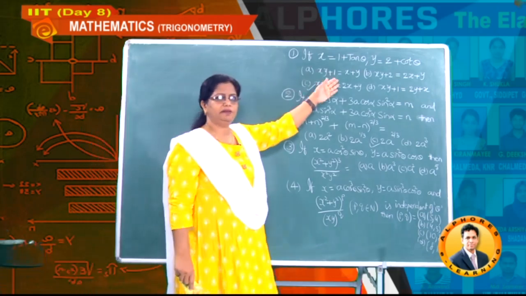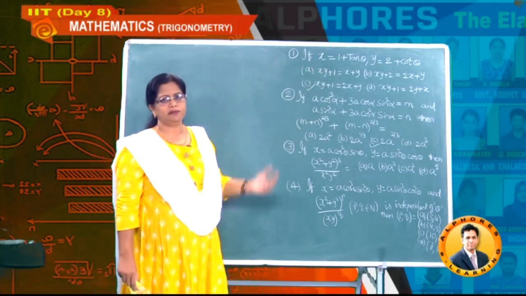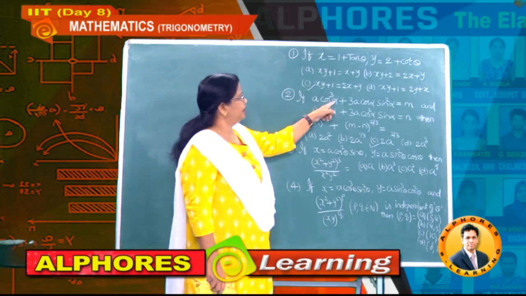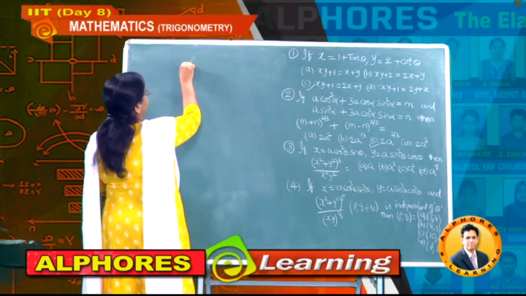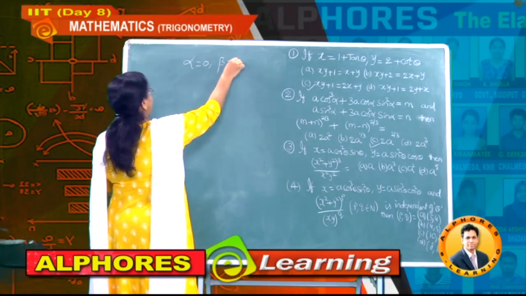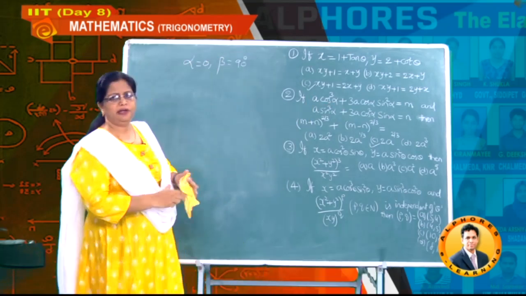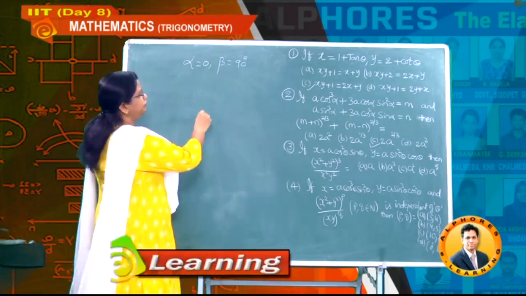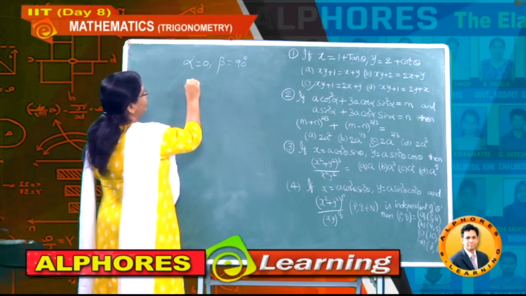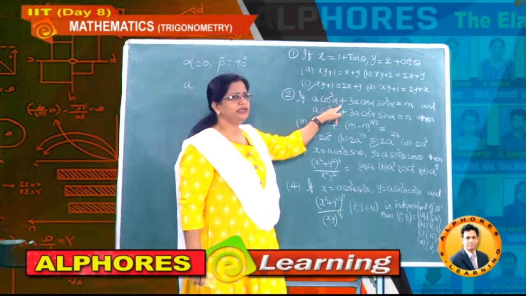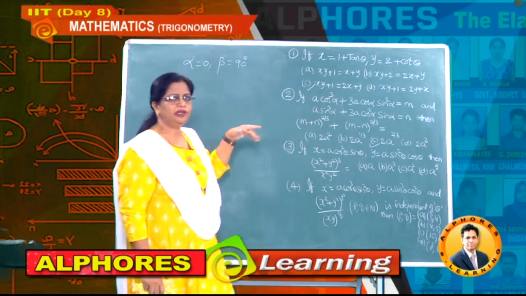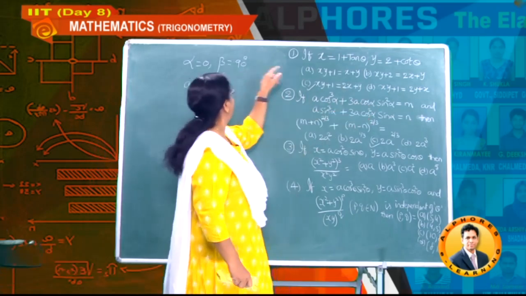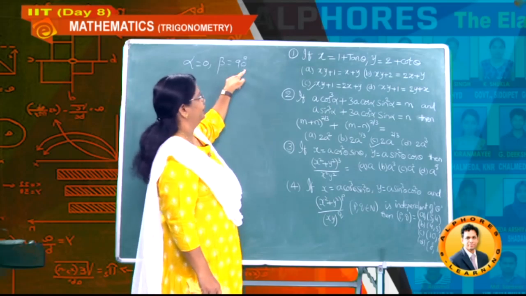Now however, here I had taken the comfortable value for tan cot as 45 degrees. Here I want to take 0, 90 degrees. So suppose alpha equals 0 and beta equals 90 degrees or pi by 2, or you can take alpha as 90, beta as 0. Anyways you can take, nothing will happen. Then this first value a cos cube alpha, cos 0 is 1, 1 cube is 1. And the next value, sin 90, what is sin 90?